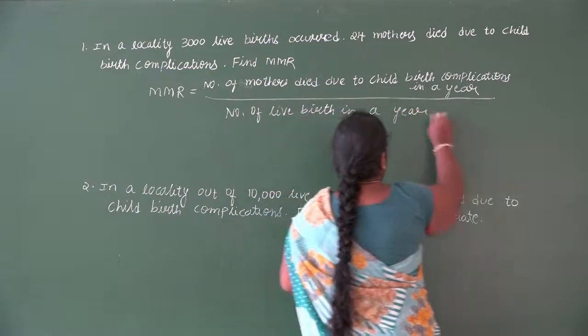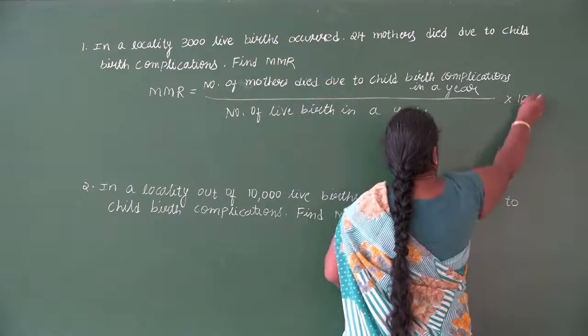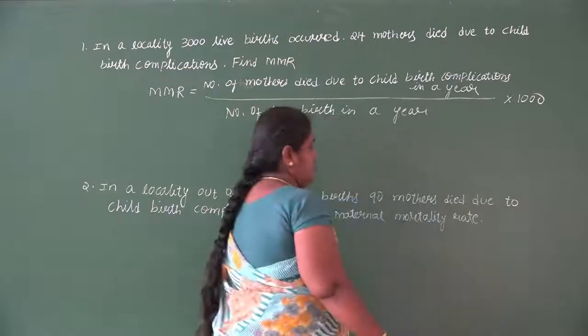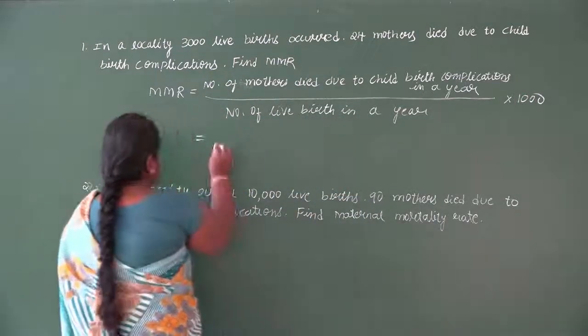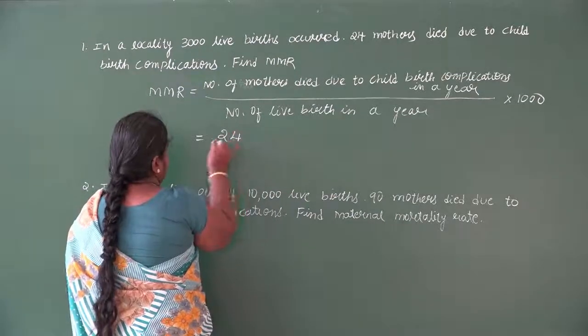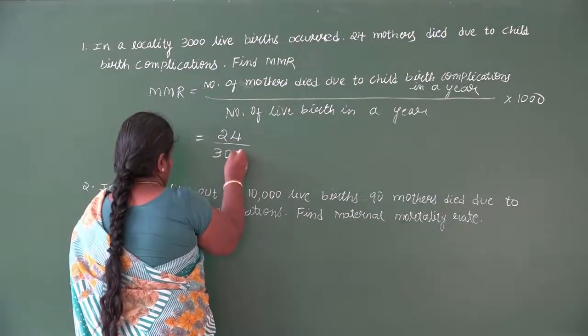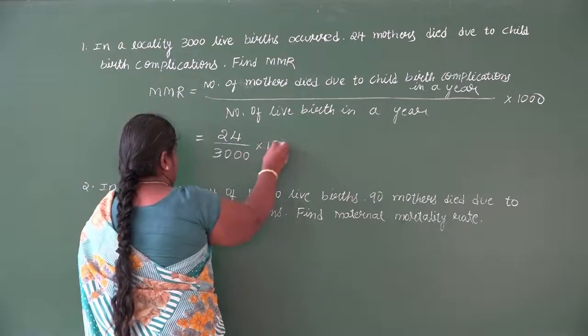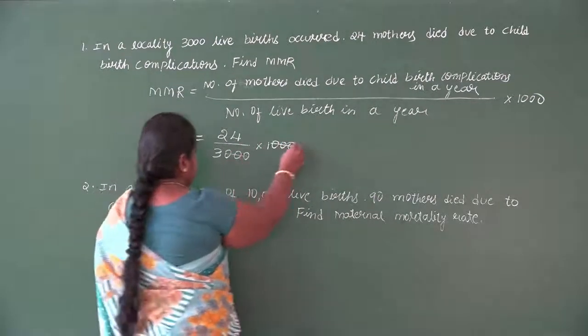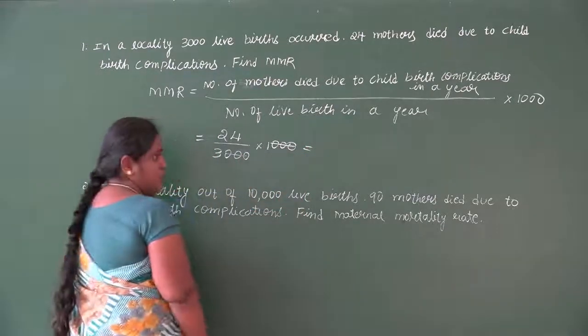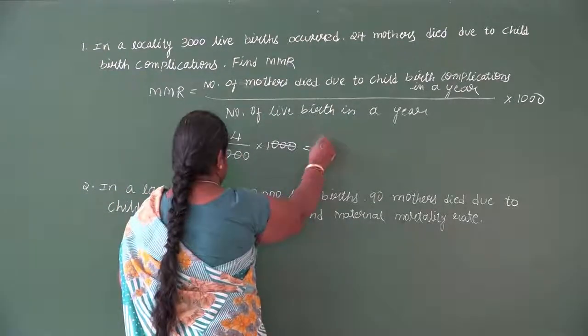Now see what is the live birth value and what is the death of mothers due to childbirth complications value. So it is 3024. So 24 divided by 3000 into 1000. You can cancel the 1000 and 1000, and will be remaining with 24 divided by 3, which is 8.